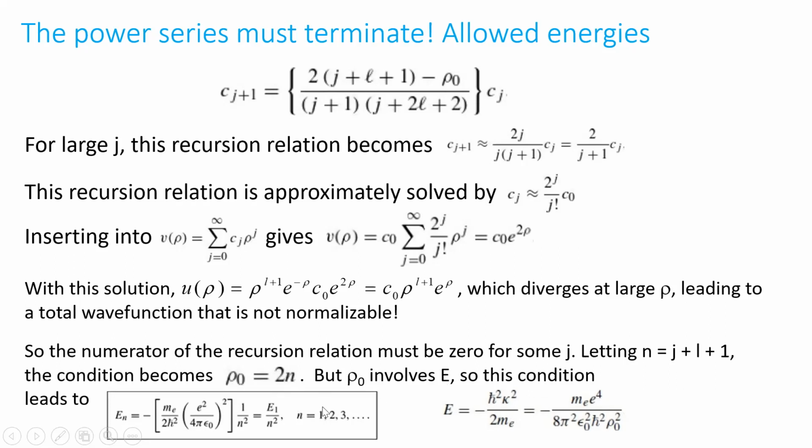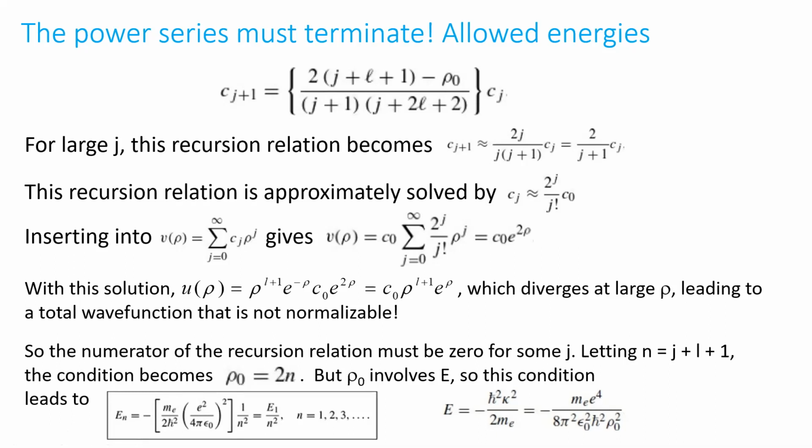So that becomes minus this constant times 1 over n squared. When n equals 1, e1 would be minus this constant, so we call minus this big constant here e1. We'll give the value of that in a second.